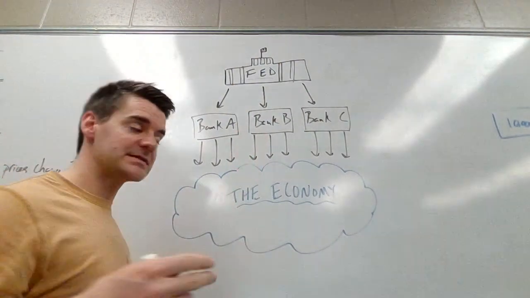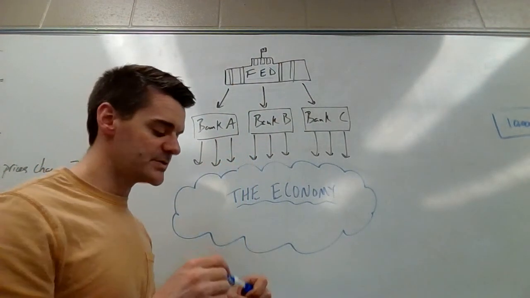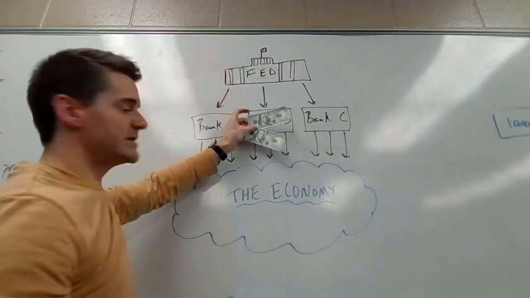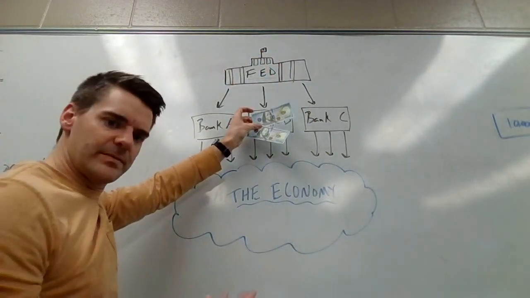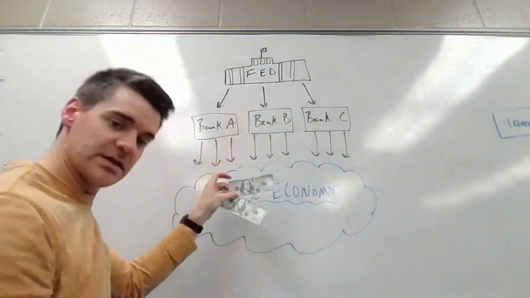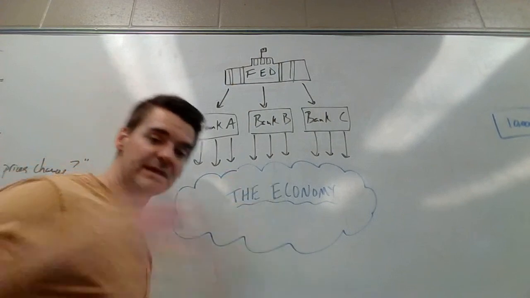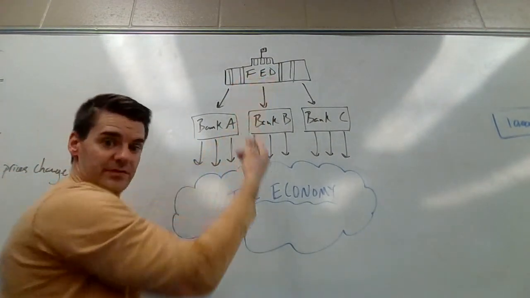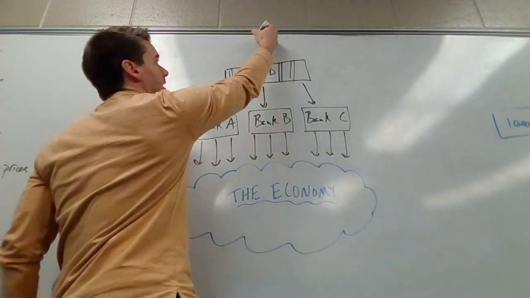And so what that means is like this. If the Fed wants to encourage a lot of money to get pushed down into banks, and then, by default, the next logical step would be that this money would then go into the economy, what they need to do is keep the interest rates low. So they will set their own interest rate, their discount rate, at a low number.